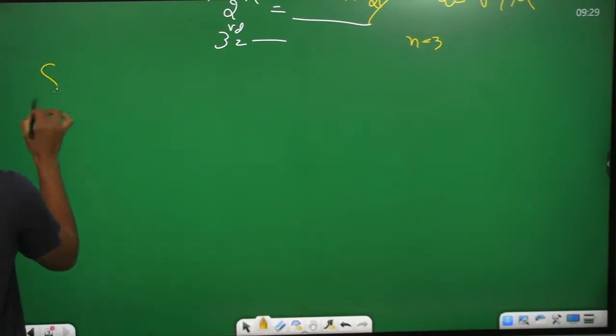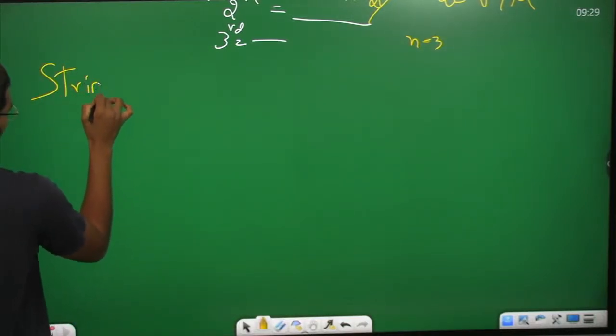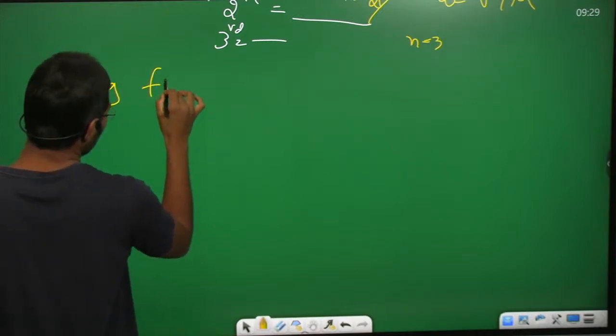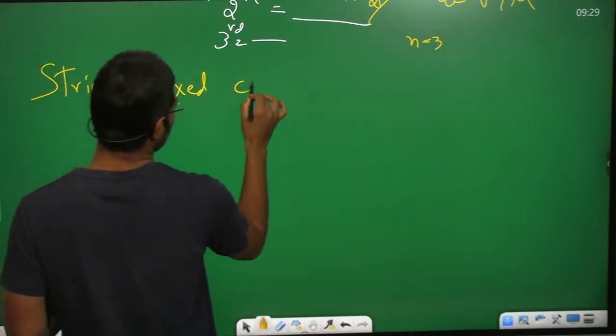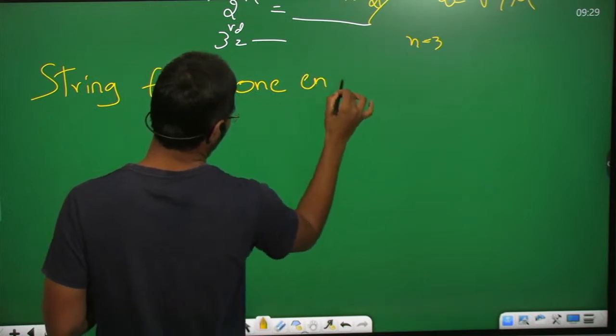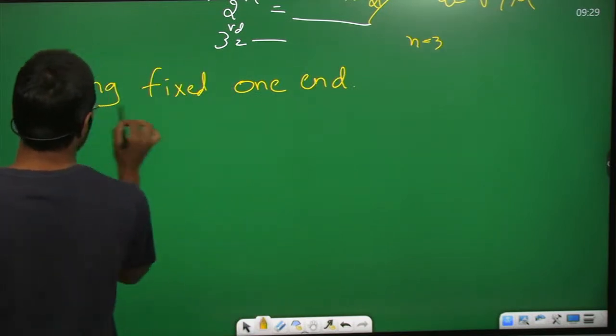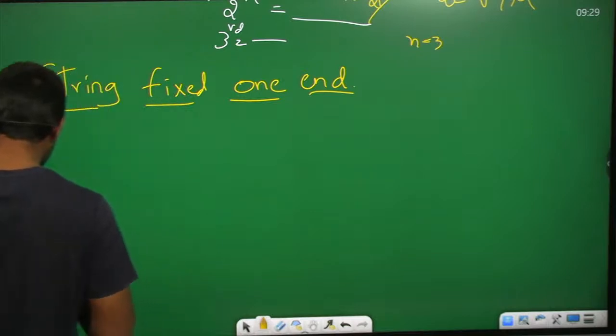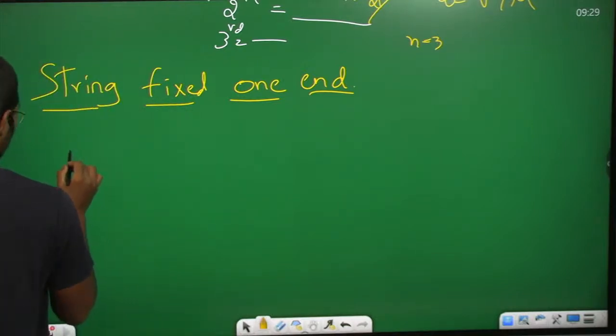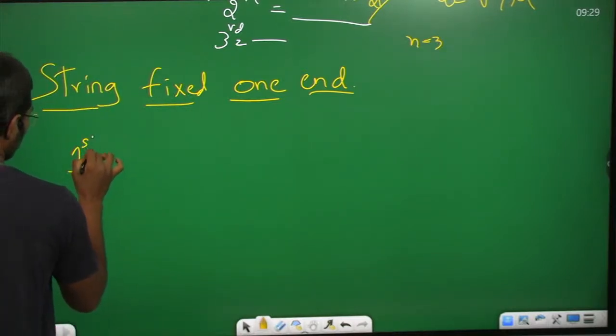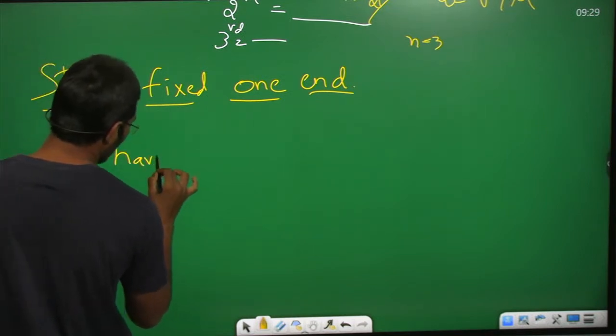Okay, string fixed at one end. So what are the conditions? What is first harmonics? Try to write formulas for it.